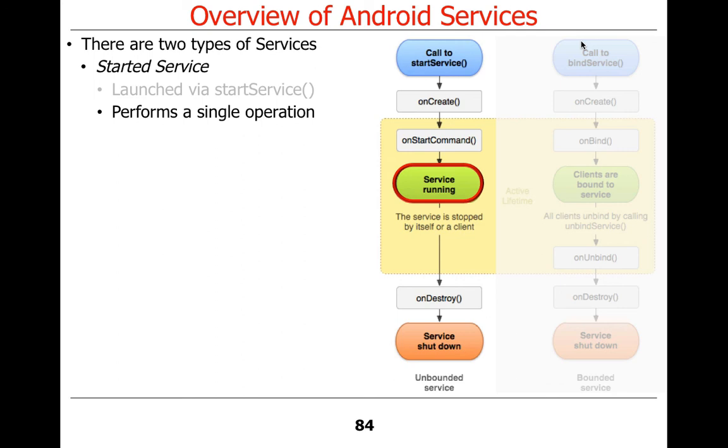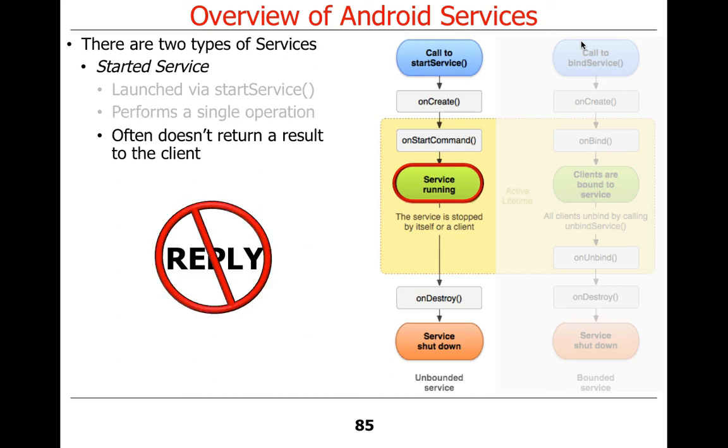Once it's up and running, the onCreate method gets called. When it's first started, onStartCommand is called. It gets the intent that's passed in, and after that, it's running and doing stuff. Often, although not always, a started service doesn't directly return a result to the caller. So you might start something off, and it runs in the background and does its thing.